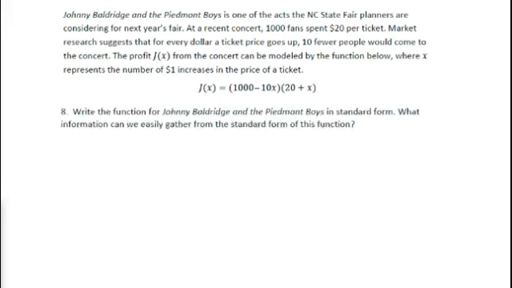And finally, we're going to look at problem number 8. It says write the function for Johnny Baldridge and the Piedmont Boys in standard form, and what information can we easily gather from the standard form of this function. We know that in order to convert the factored form to standard form, we've got to use the distributive property.